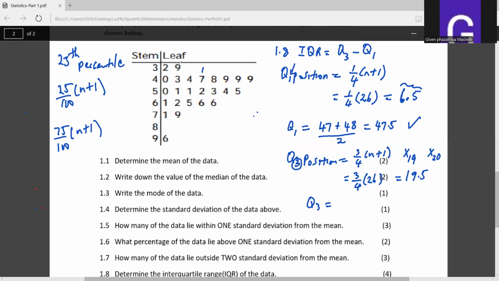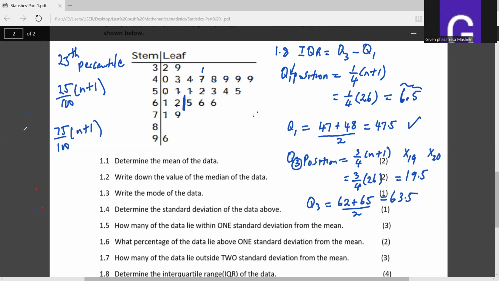We can recount: 1, 2, 3, 4, 5, 6, 7, 8, 9, 10, 11, 12, 13, 14, 15, 16, 17, 18, 19, and 20. So it's between 62 and 65. Since it says 0.5, we take 62 plus 65 divided by 2, which gives us 63.5. This is our quartile 3.